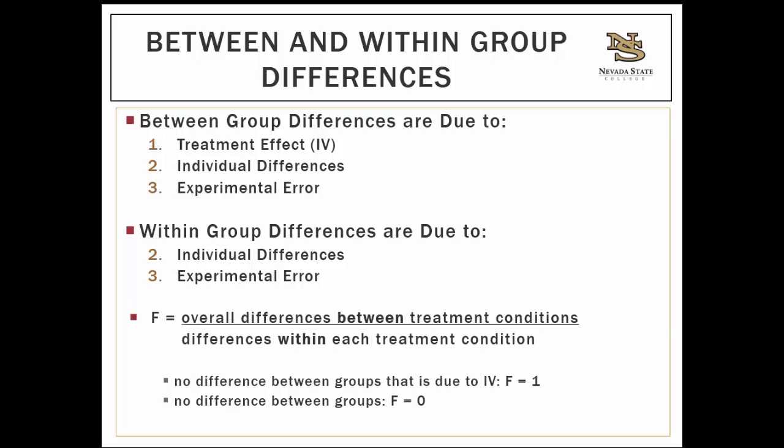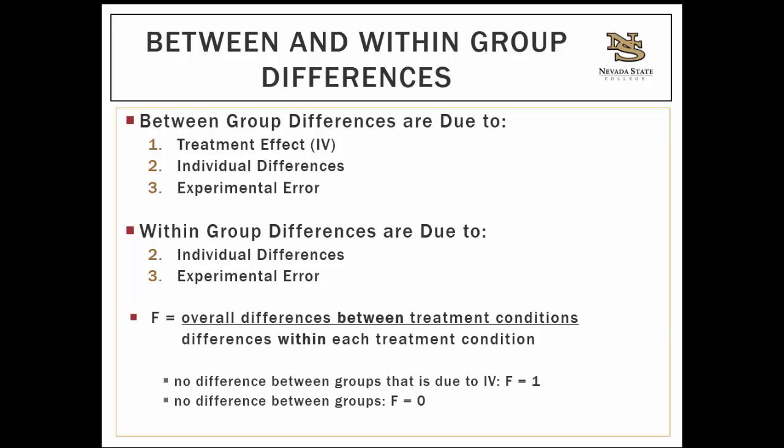Now, within groups differences, or within levels variability, can only be due to error, right? So 1 and 2, or 2 and 3 here: individual differences or experimental error. The individual differences: scores for participants within a single treatment condition are not usually identical, because you have different individuals that have pre-existing differences in the dependent variable.